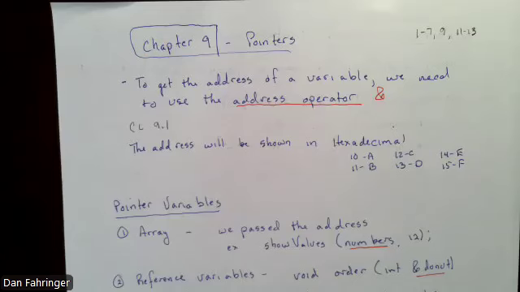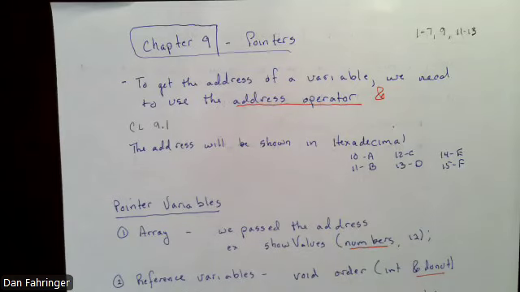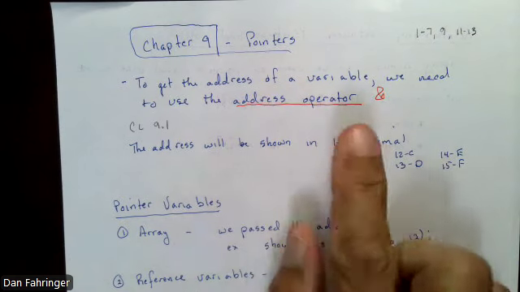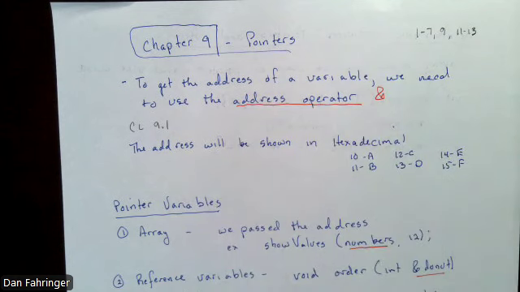We used that whole idea of, hey, I want to change something, and I'm going to use this ampersand so that when I pass it into my function, changes will take place. I'm just going to pass in the address so that when I get inside of there, I'm going to go to the address and actually make a change. And this ampersand is referred to as the address operator because it will allow this value that's being passed to be the address of a variable.